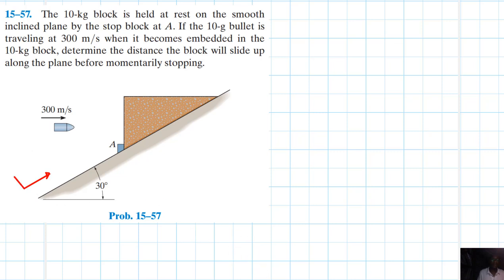Let me draw this properly. Okay, something like that. So we'll call this y, this one x. So it means we'll have a component in this direction. This is what we are interested in. We'll have a component in this direction and another one in this direction.